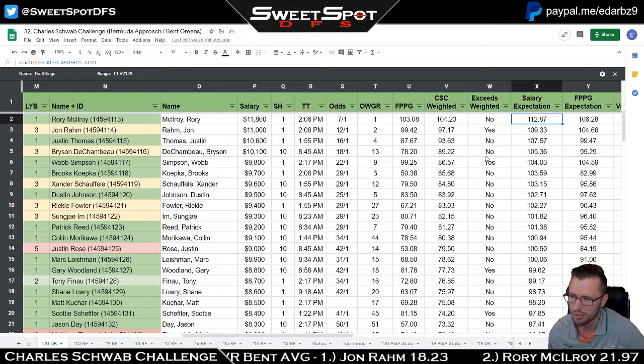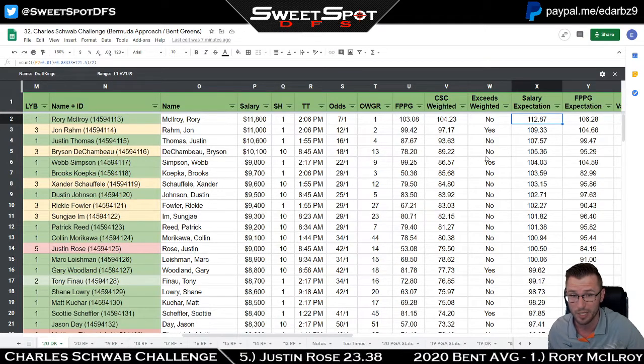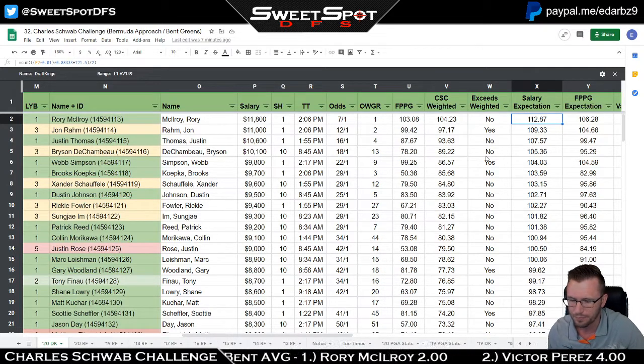If he doesn't, then he's obviously going to win. The reason I said the quads and the triples is that's the one way he can not get first place but still score really well on DraftKings. Really the only way.